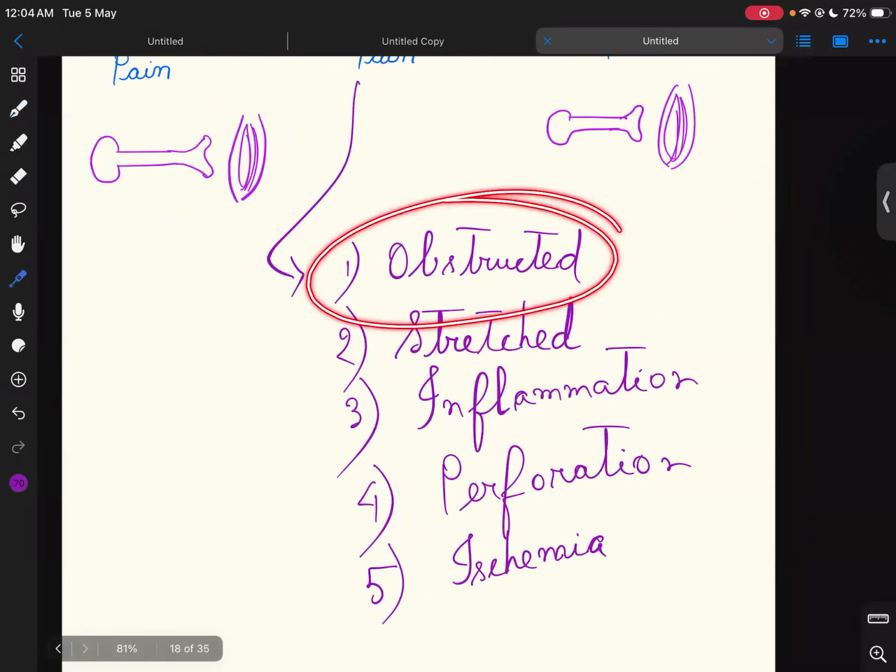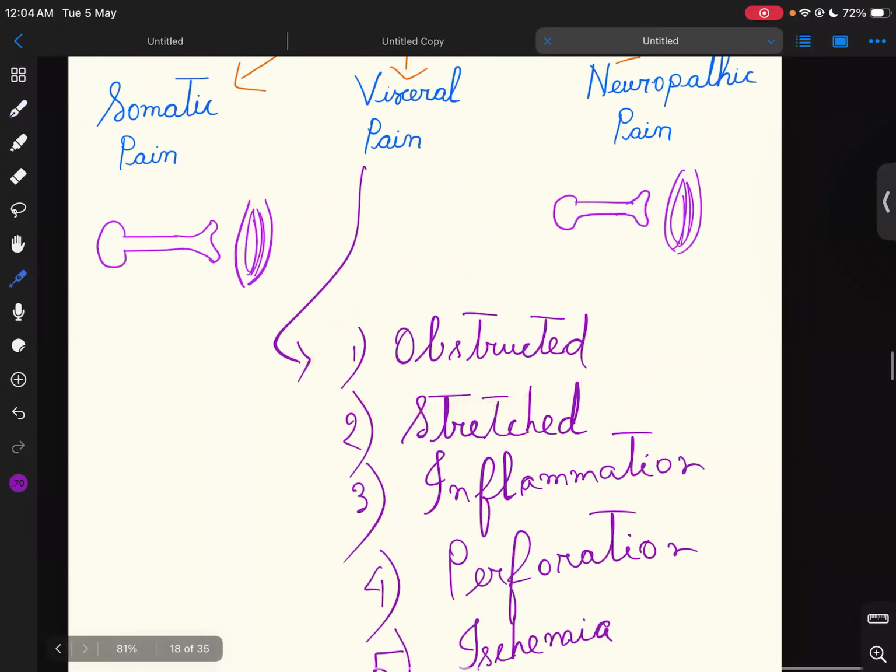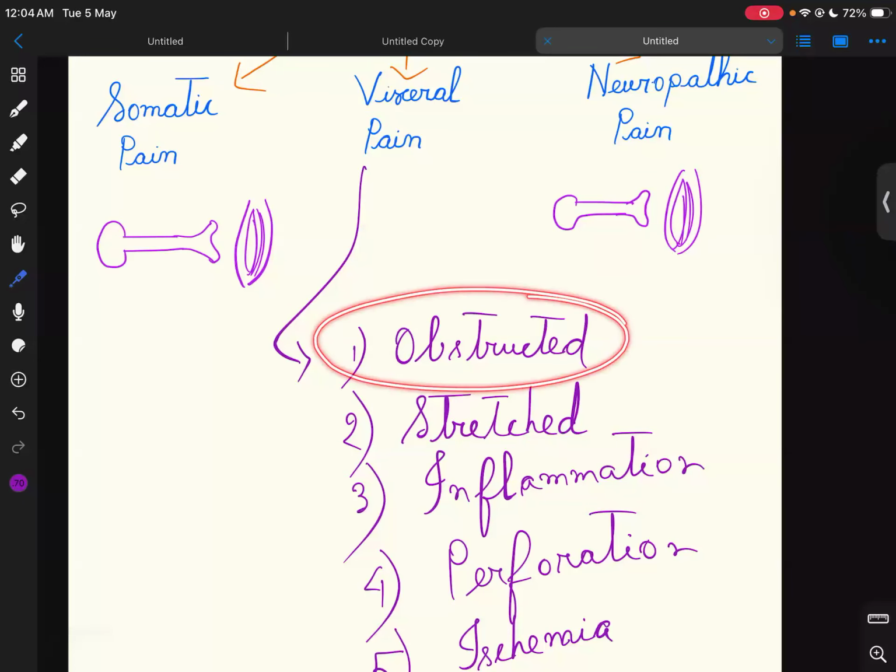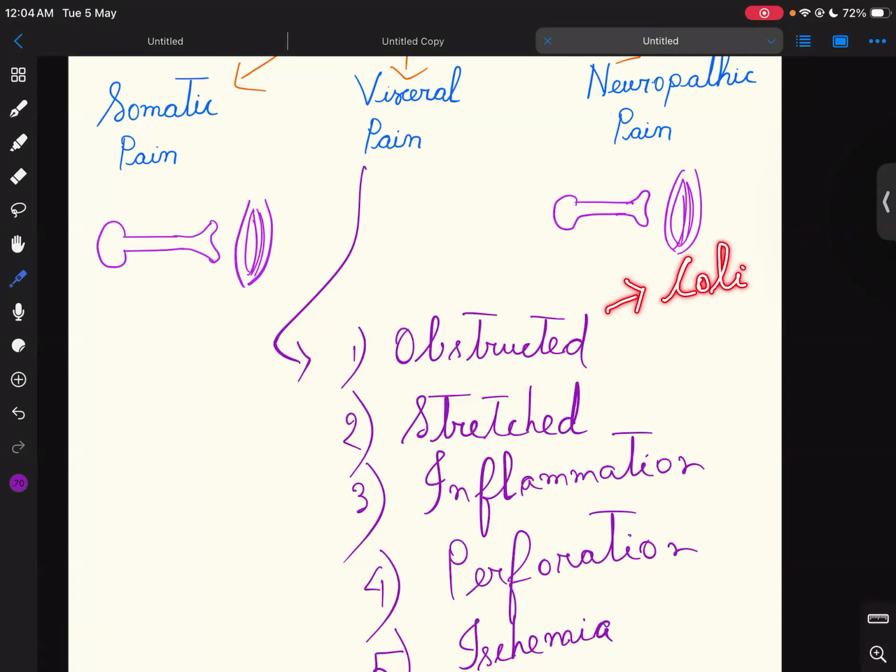Whenever the viscera gets obstructed, it can cause pain. In order to get obstructed, the viscera needs to have a lumen, like the bile duct, like the ureter. Whenever anyone is having cholelithiasis, it will cause some obstructive pain. The type of pain is colicky pain, and the patient will describe a crampy type of pain, because the peristalsis wants to remove the blockage.